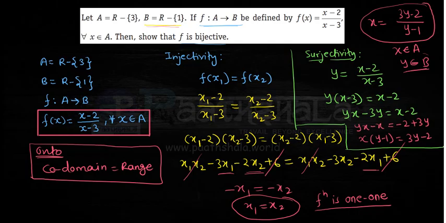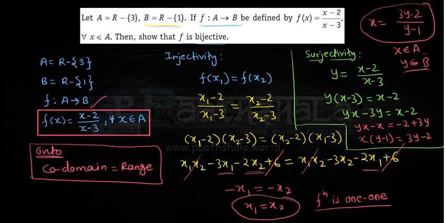We can take any values of y which belong to B. It means that codomain equals range, because f is defined from A to B and B is the codomain, and y can take any values.